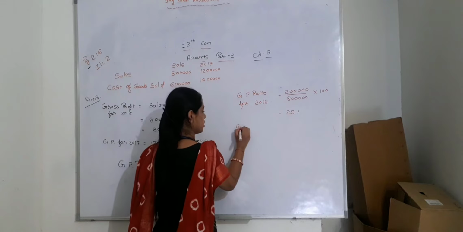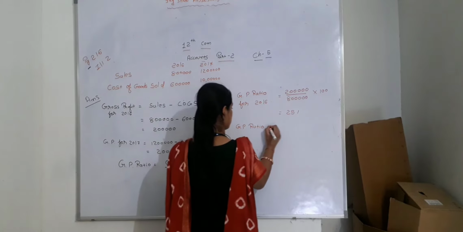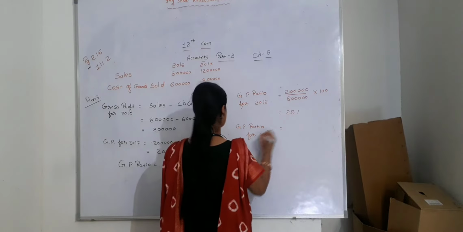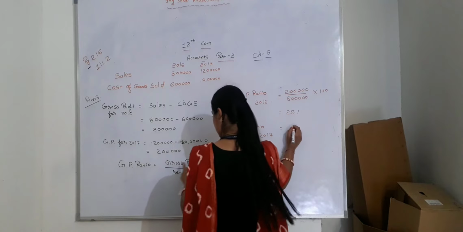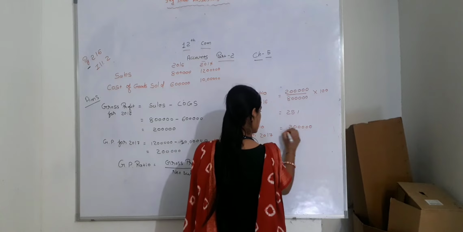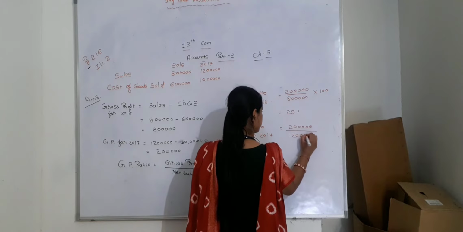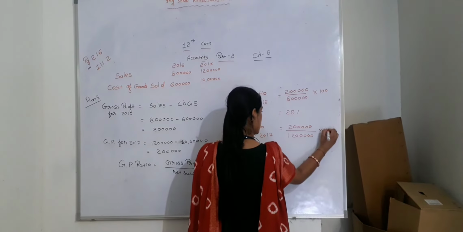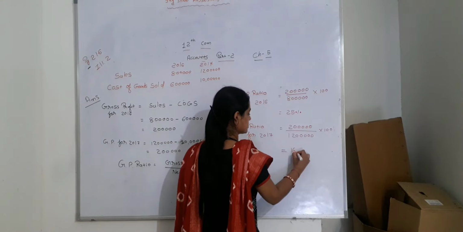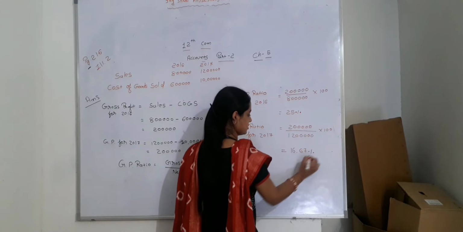Next, gross profit ratio for 2017 is equal to gross profit 2 lakh upon 12 lakh into 100 is equal to 16.67%.